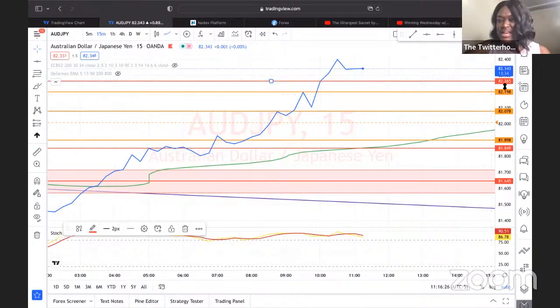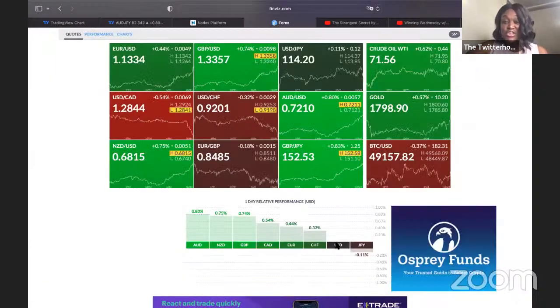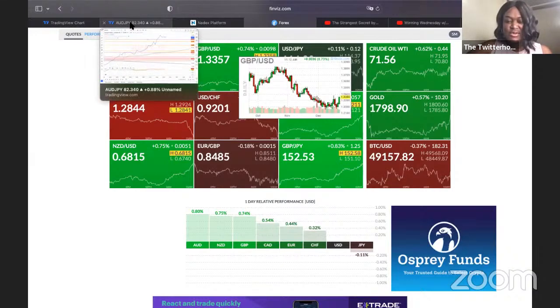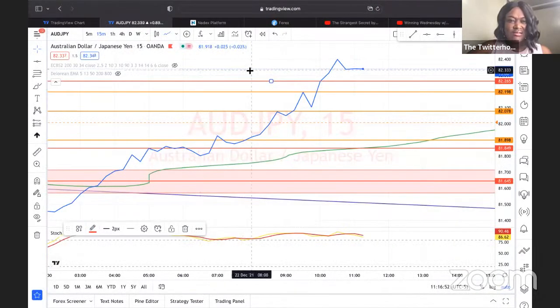If it comes to 265, I'll take another look at it. But for right now, let's look at something that's not messed up already. Let's look at AUD USD. So we're going to analyze AUD USD for the buy. There are no sell ideas really to look at today.